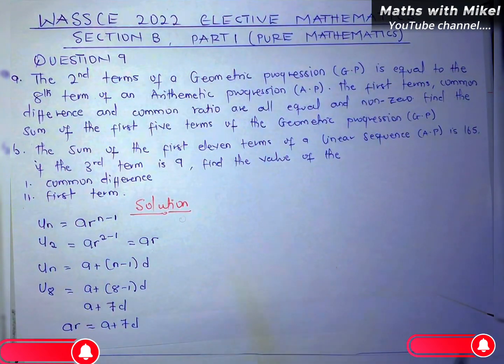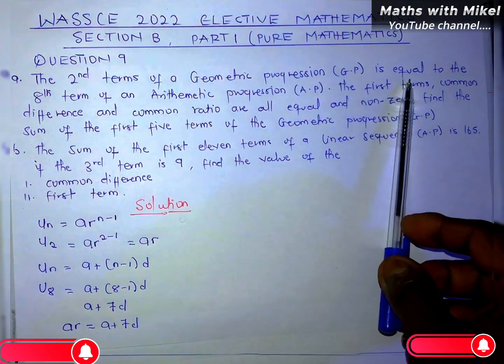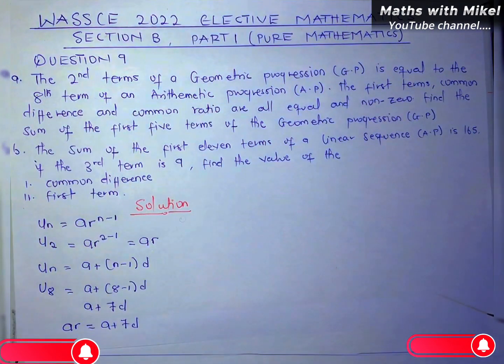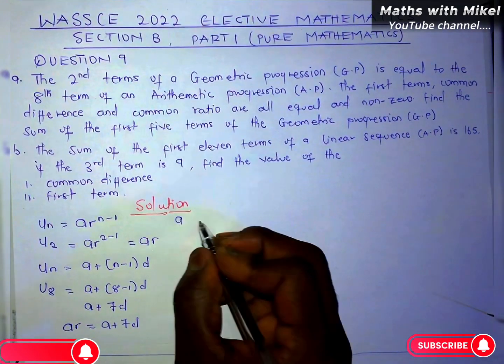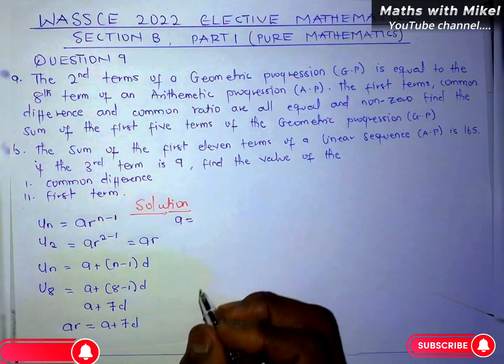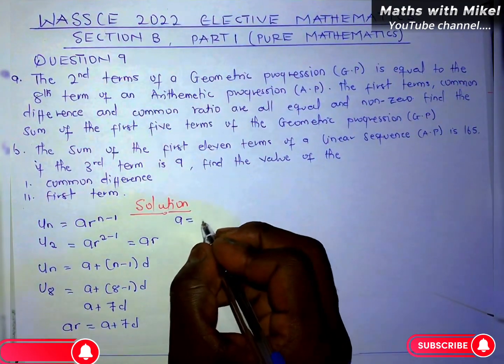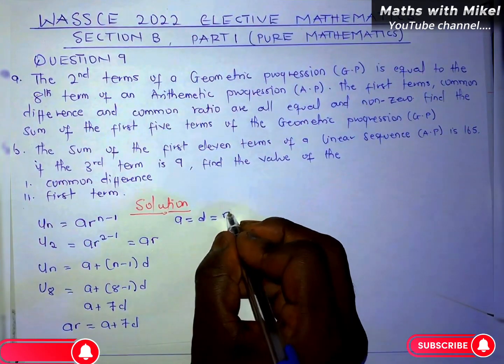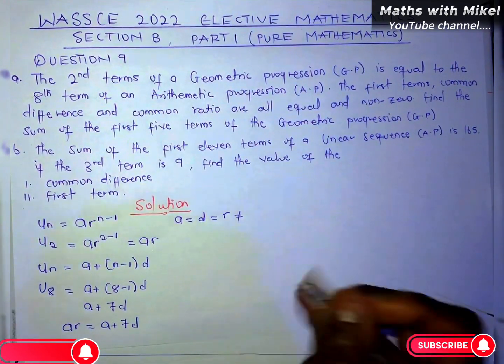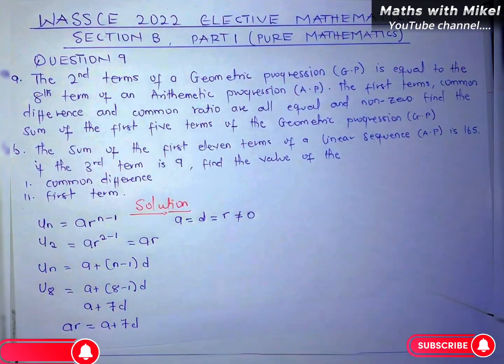Now the question goes ahead to say that the first term, common difference, and common ratios are all equal and non-zero. So first term is equal to a, is equal to common difference, which is d, which is also equal to common ratio, and they are all not equal to 0.